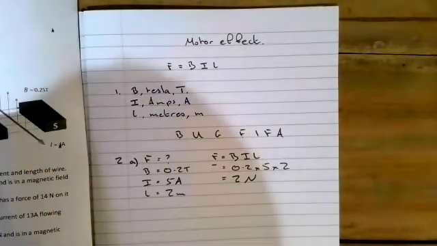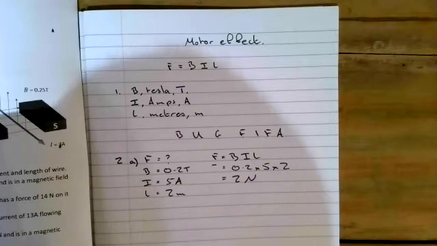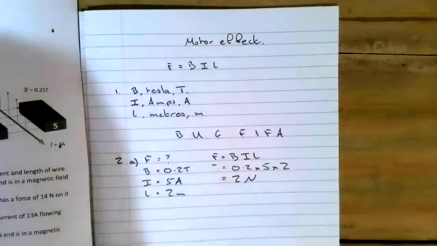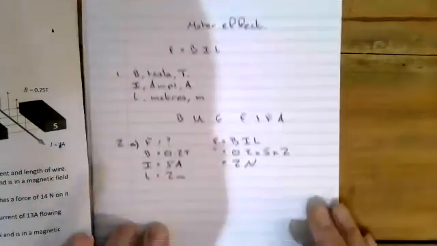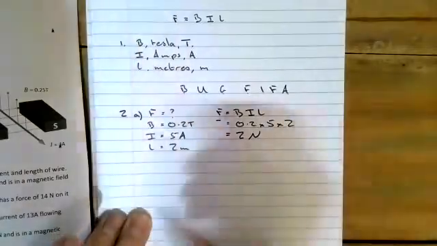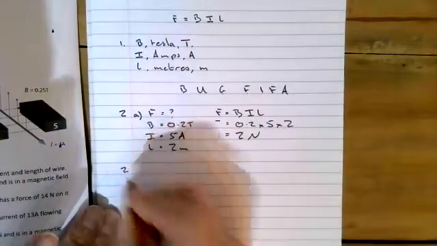Let me check that. 0.2 times 5 times 2 is equal to 2. Got that. Excellent.